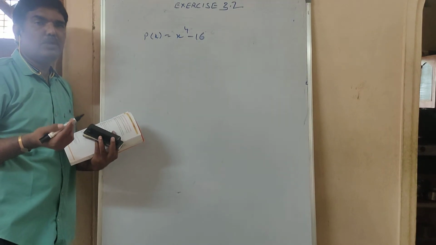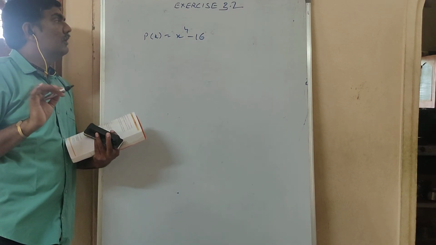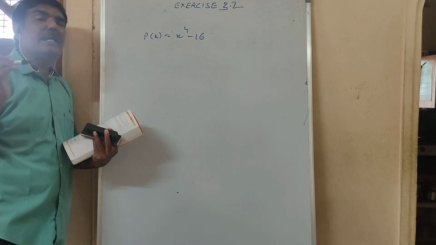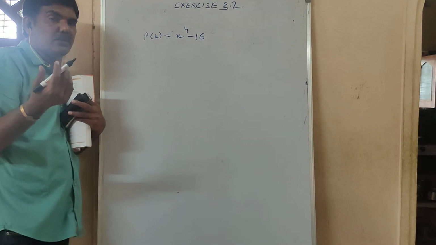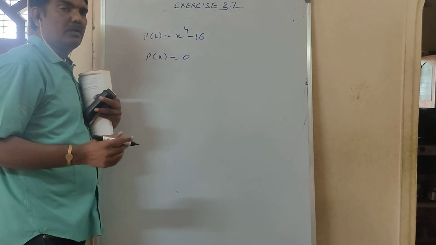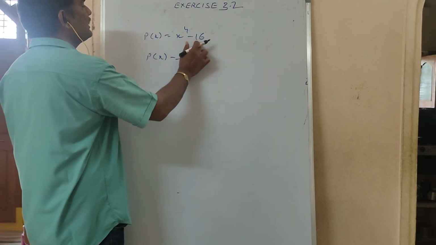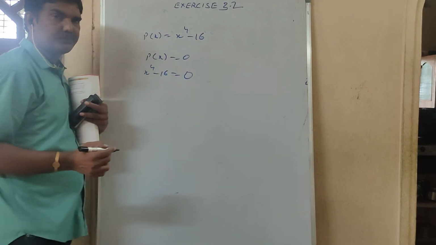What you have to do? You should find the zeros of the polynomial. So what I said, to find zeros of the polynomial, first equate the entire polynomial with 0. So I am equating the entire polynomial with 0. What is p of x? x power 4 minus 16 is equal to 0.